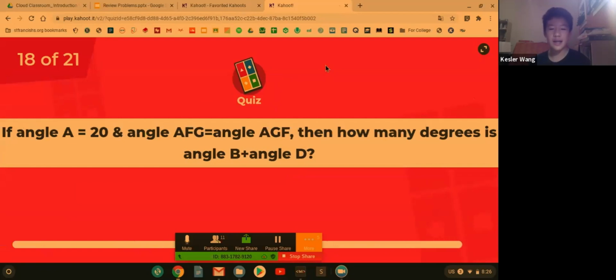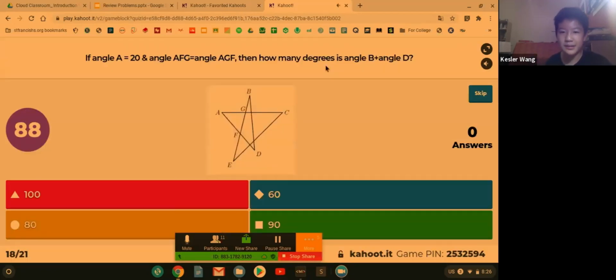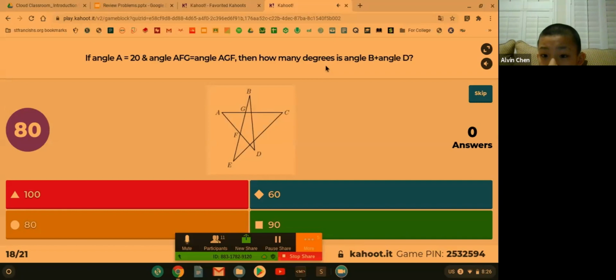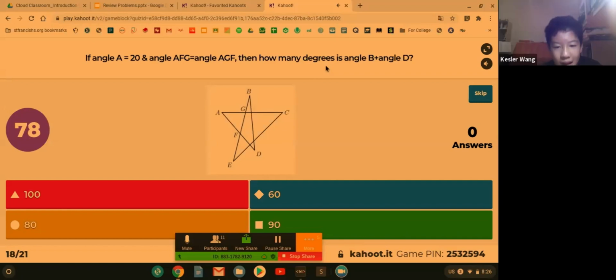And angle AFG equals angle AGF, how many degrees is angle B plus angle D? Angle B plus angle D. It's got to be less than 100 degrees.